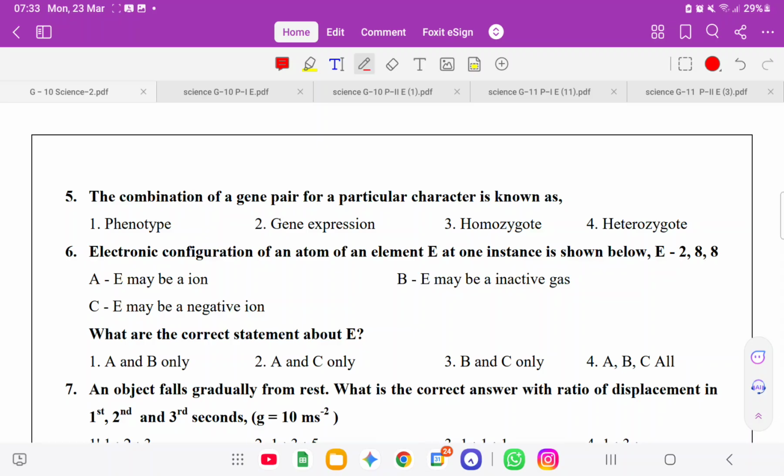I'll try to give you the answer sheet and mark sheet on Saturday, so you have time to take your copies, staple them, and keep a file for science papers and weekly test papers. Then you can make a collection, and when we are close to the exam we can discuss some hard questions again.